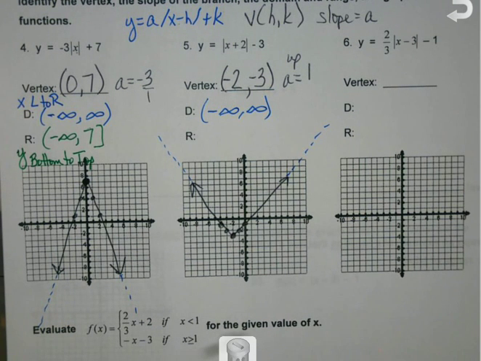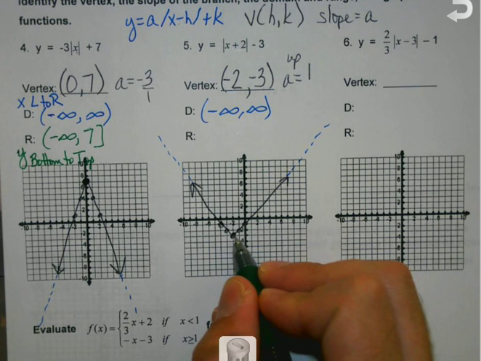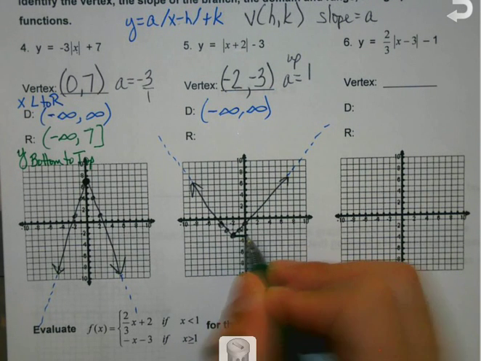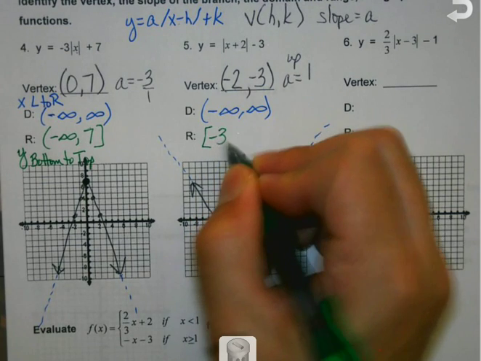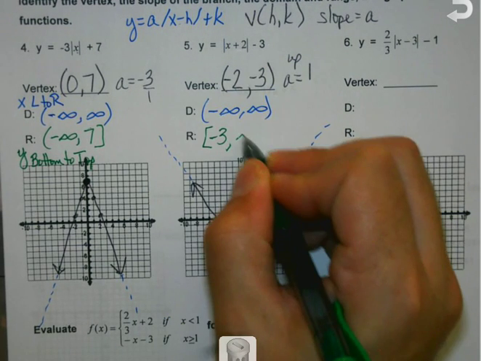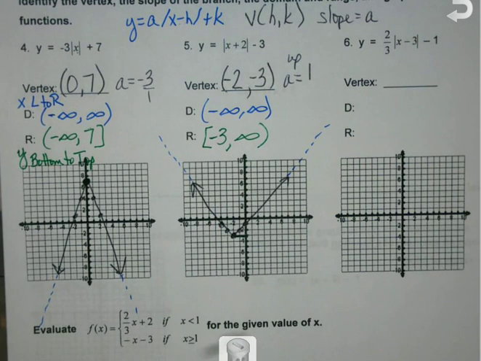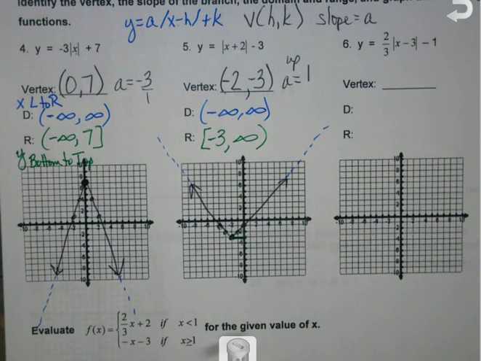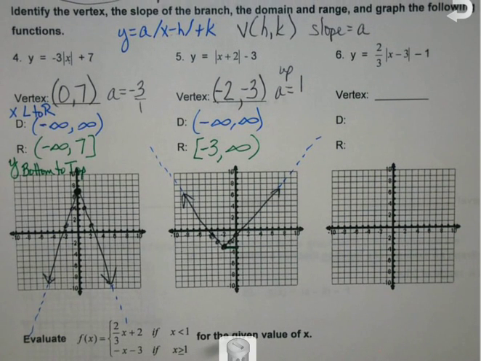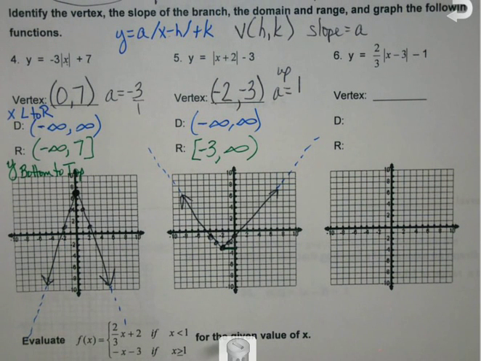Bottom to top. Super. Okay, -3, because this point's y value is down here. But it goes up forever. Negative 3 to infinity. Nicely played. And so as you're doing these, there's several things I'm keeping in mind, but again, it's good practice. All right.